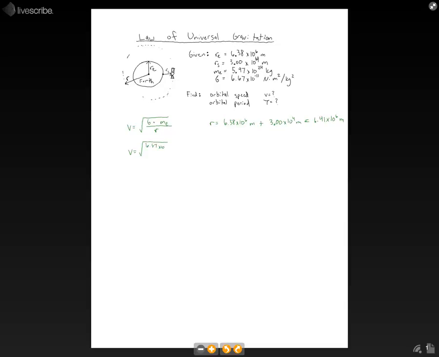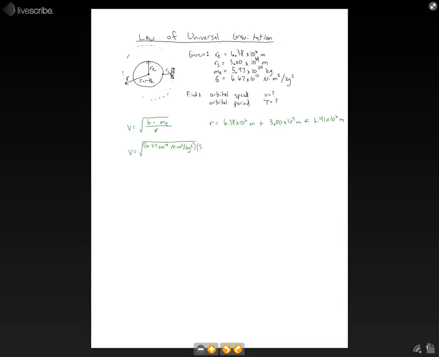So let's go ahead and do that. This will take some number crunching, as well as a bit of unit conversion. Nothing too bad though. So I put in the universal gravitational constant.